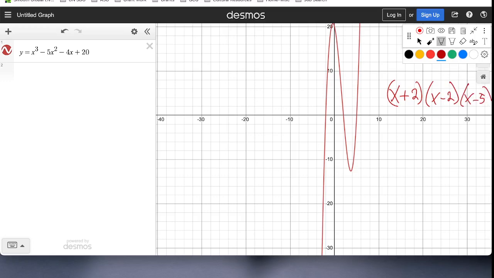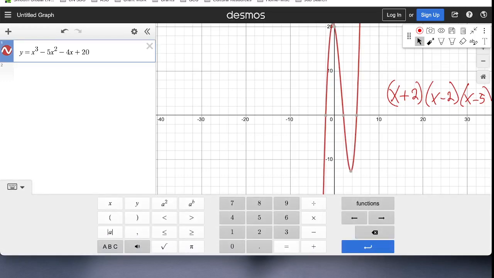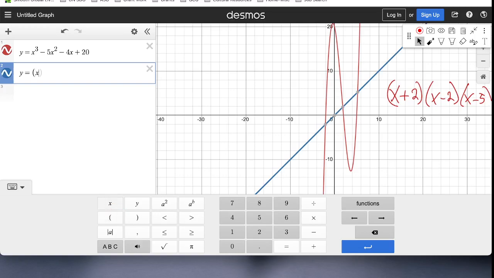What would be kind of cool is to see if we get the same graph, which I think we should, because that should all factor out to that. What I want you to see is that once you do the graph, if you get integer values, it will help you with factoring. So that's why sometimes we just go ahead and graph it, because we get more information when we do that.